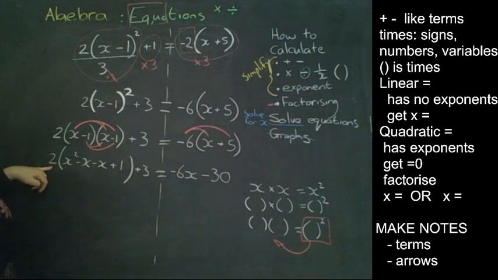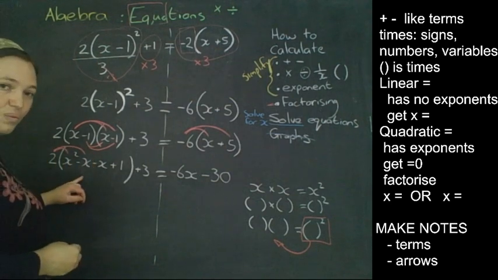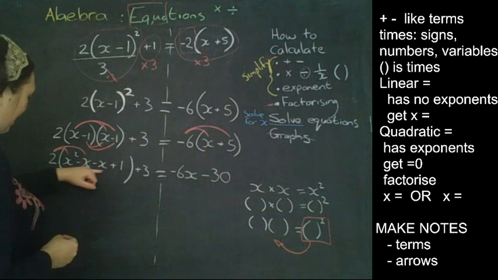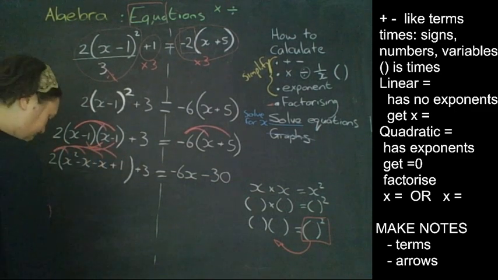Now we still have brackets, so let's multiply this in. Again, I just want to say here, you can first simplify inside the brackets. You don't need to, it's your choice.